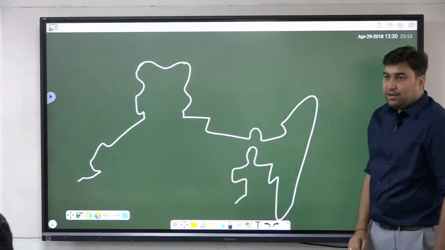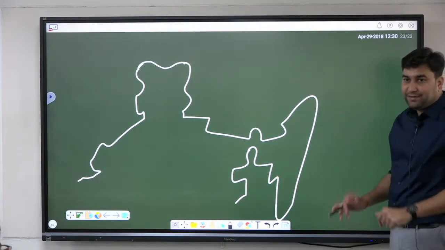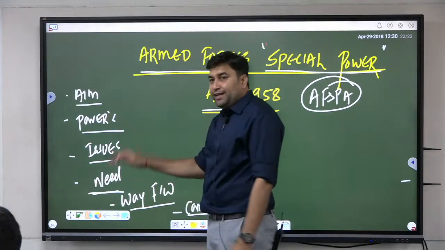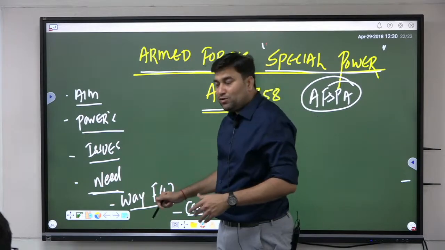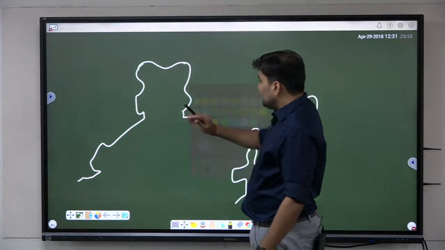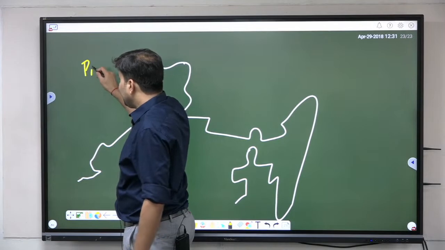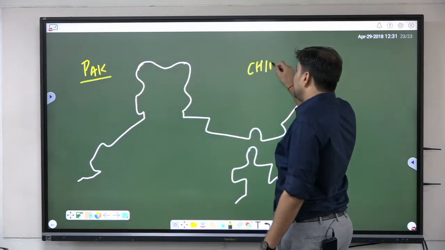Now, let us try to understand what is the aim and objective. Before that, let us try to understand what is the need. Need I have written at the end because we need to understand issues and then need. But before telling you the aim and objective, let me tell you the scenario. If we try to understand India and its border, the most important point is that we have something called unfriendly neighbors.